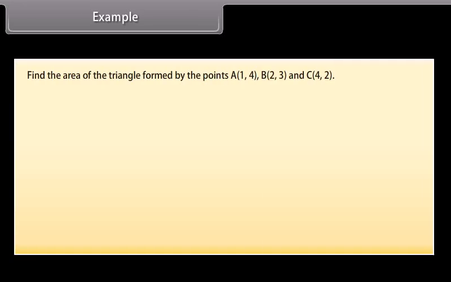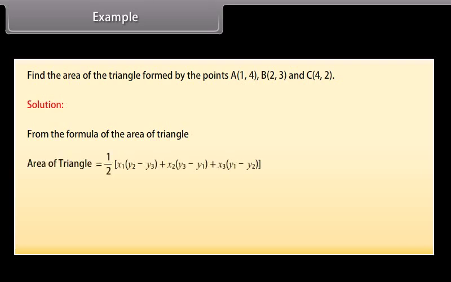Example. Find the area of the triangle formed by the points A 1, 4, B 2, 3 and C 4, 2. Solution. From the formula, area of triangle is equal to 1 by 2 into [x1 into (y2 minus y3) plus x2 into (y3 minus y1) plus x3 into (y1 minus y2)].